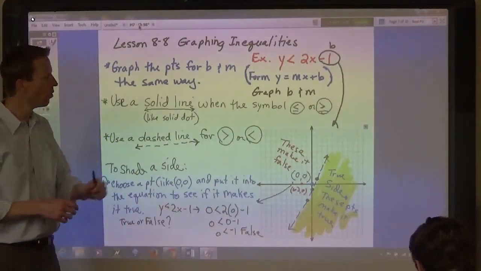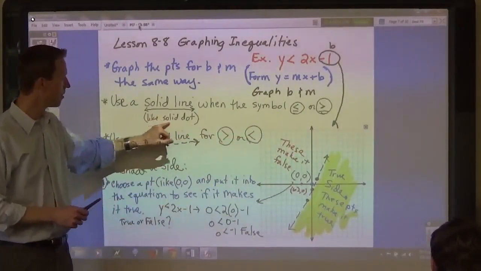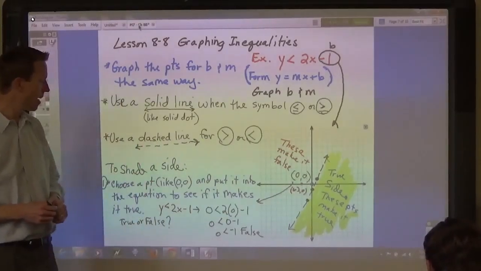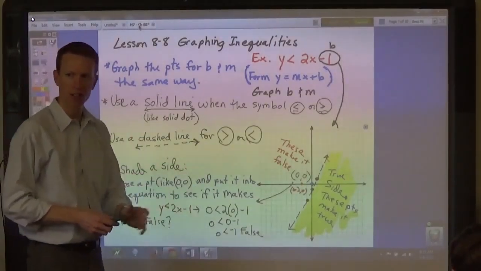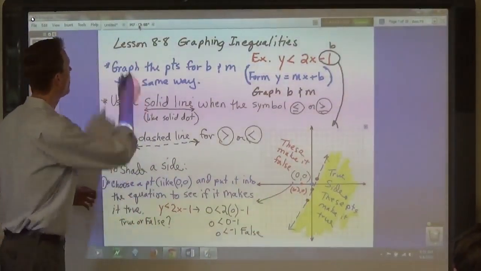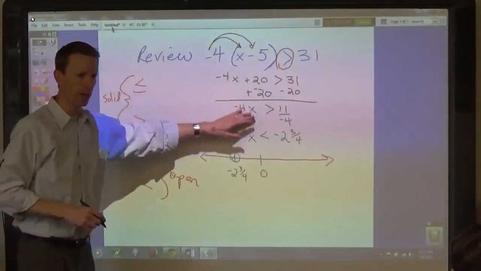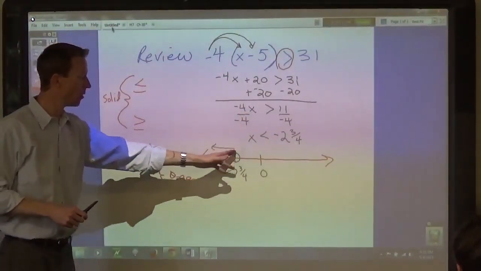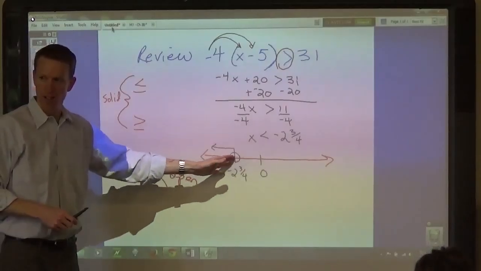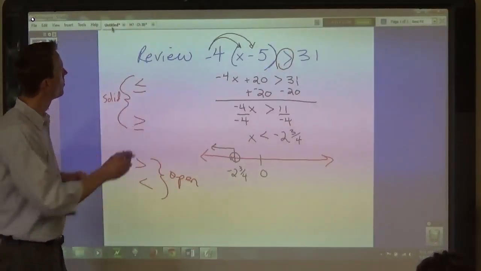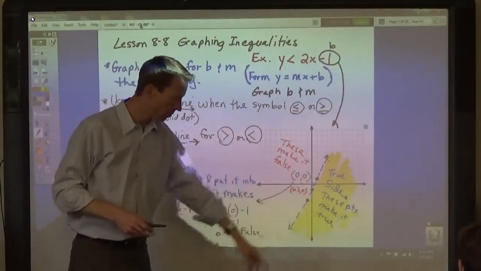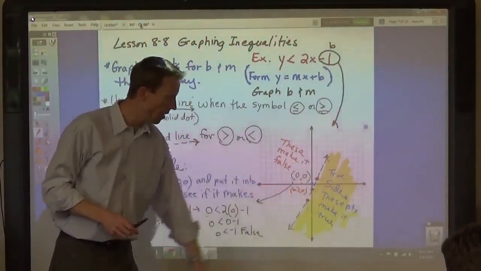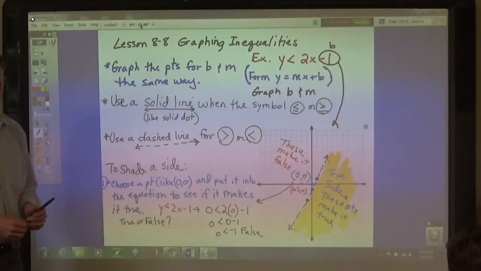So those equate to the open dot. It's like a solid dot or an open dot. And then we're going to shade rather than drawing the lines. This is called a linear equation, we would draw a line. This is a linear inequality, and we're going to shade on a graph one way or the other.